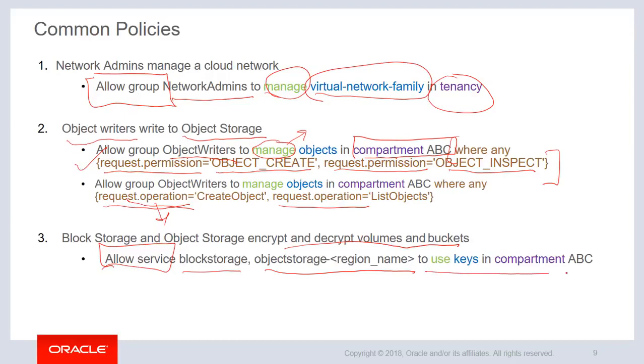So in order for that to work, you have to write a policy which allows these particular services, block storage and object storage, to use the key management service and the components like keys and vaults. So this is an exception to the way you write your policies. And again, if you go on to our OCI documentation, you can read more about how policies work for specific services.